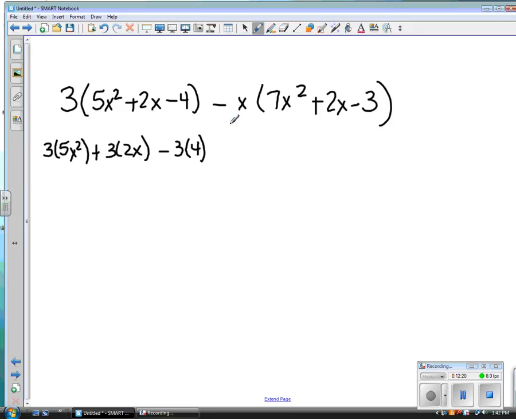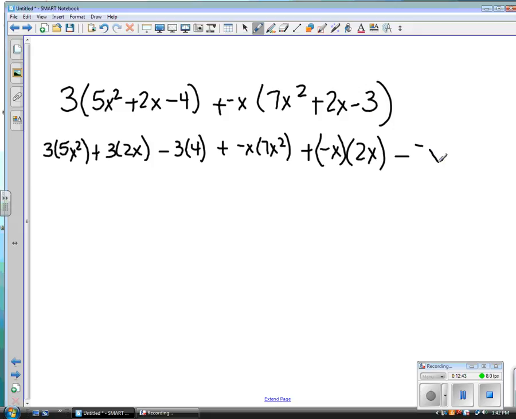Now, this, I'm going to treat that as plus and negative. So I'm going to do a negative x times 7x squared plus a negative x times 2x. I put that in parentheses by accident. You don't have to. Sorry about that.